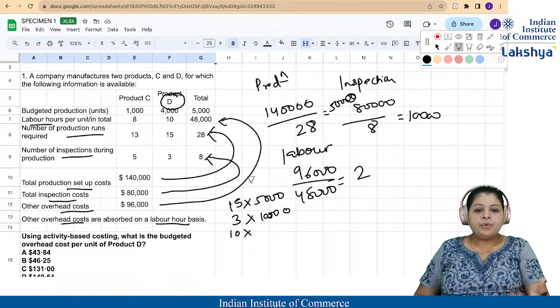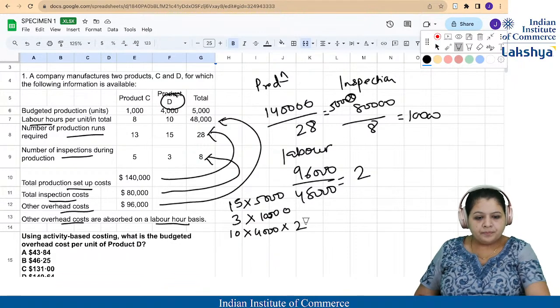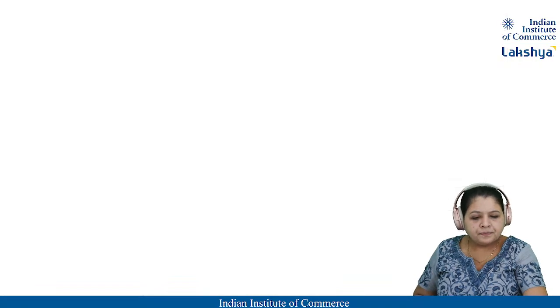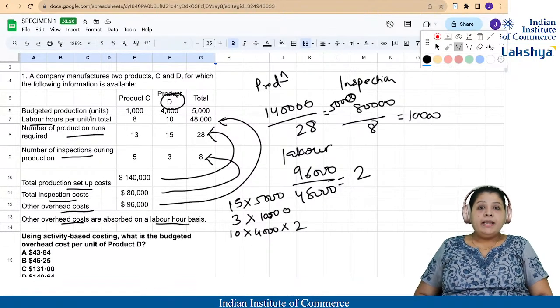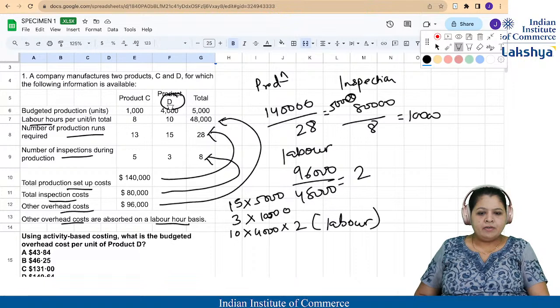Labor hours are per unit. So here is what the catch is. See, this 10 is then multiplied by 4,000. So your 10 is multiplied by 4,000, and then you multiply that by 2. I hope you can see the screen at the end too. Wonderful, yeah. For labor, what did I do? See, this is labor, right? So what for labor, what did I do? I did 4,000.